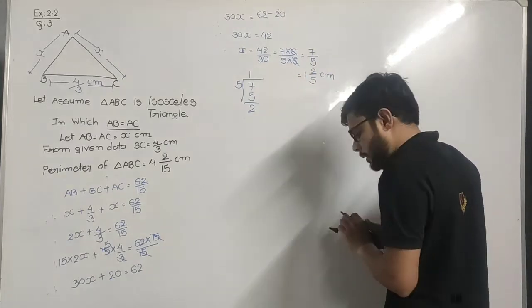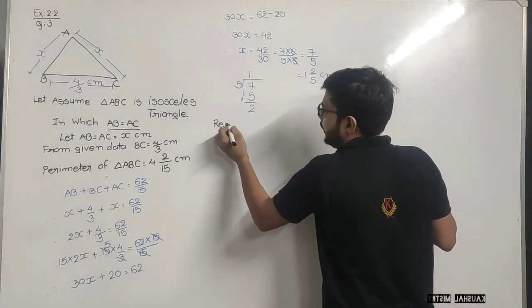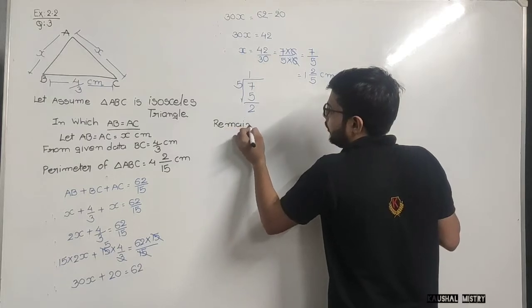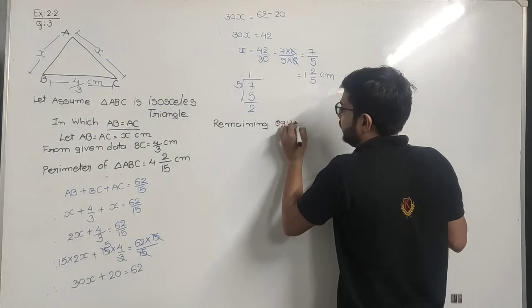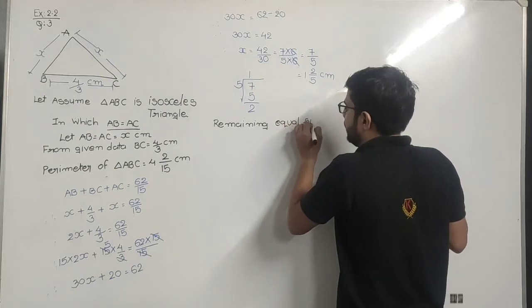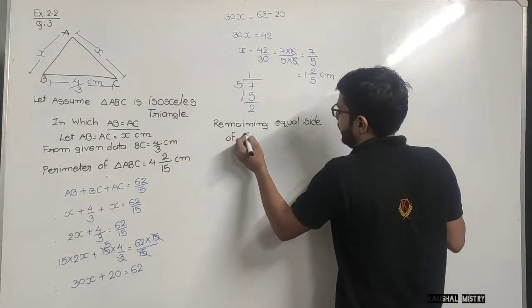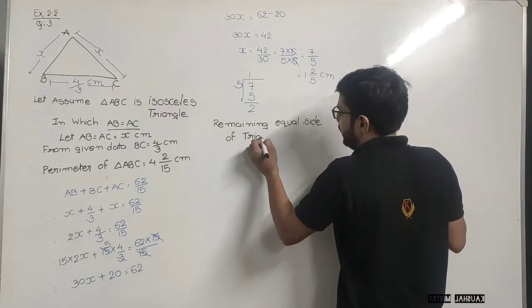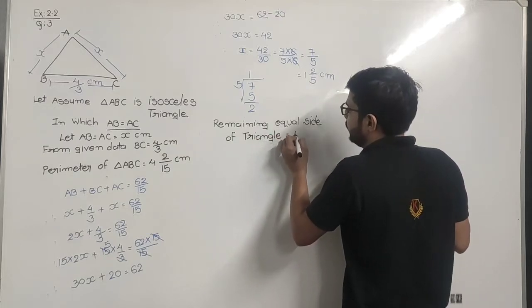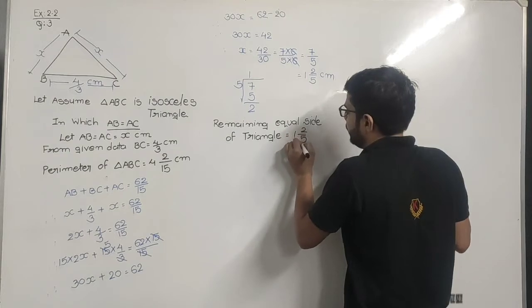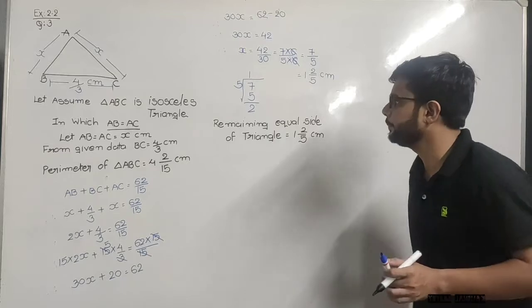So the remaining equal side of the triangle will be equal to 1 complete 2 upon 5 centimeter. Right?